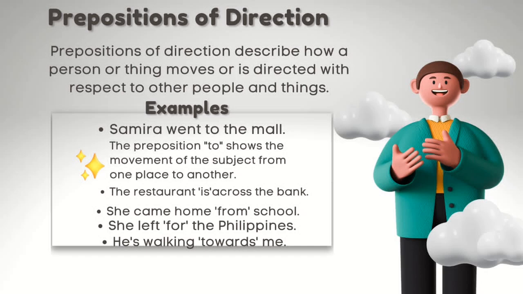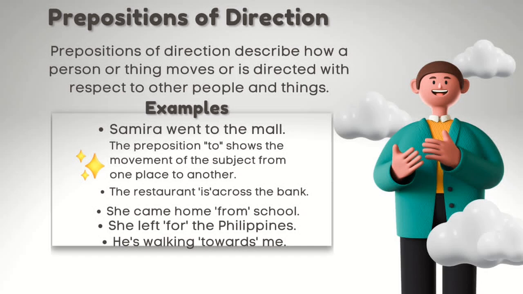Alright, so I believe with all these types of prepositions, you can distinguish between the uses of a preposition of time, a preposition of place, and a preposition of direction. When we are talking about time, you will be using prepositions like on, at, in, and by.